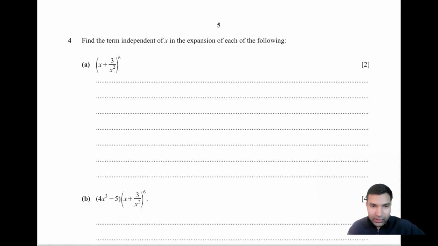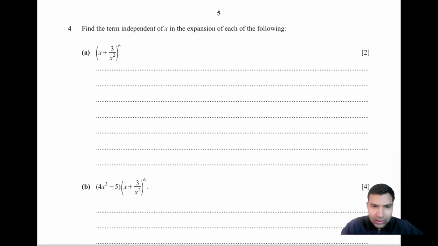Now, moving on to the next one. It is from sequence and series, binomial. So let's read this. Find the term independent of x in the expansion of the following, and we are given this expression. Let's figure out the general term. The general term in the binomial expansion is nCr, a to the power n minus r, b to the power r.